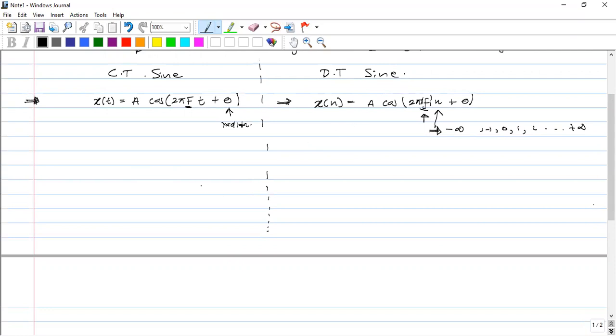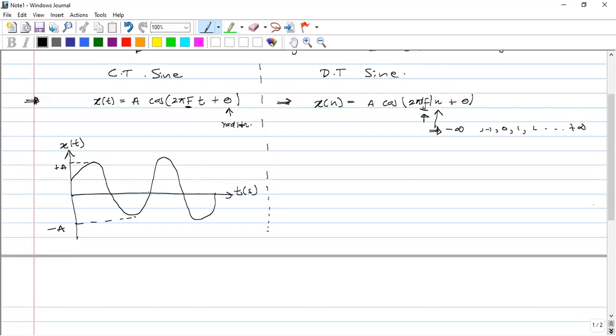So we can draw the continuous time signal like this. There is a phase shift here and it will go like this, a sine signal. This is t, normally measured in seconds, and this is x(t). This will be plus A and this will be minus A. So this is the continuous time signal.